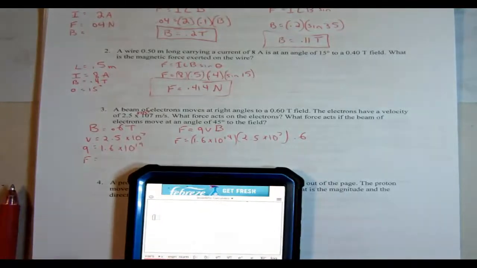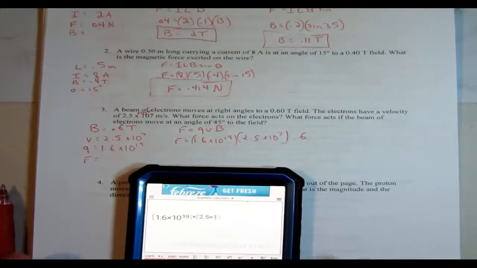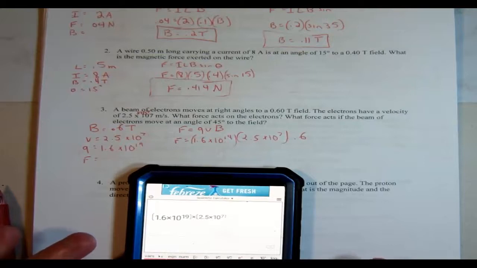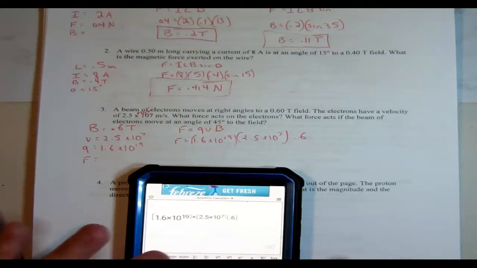Open parentheses, 1.6 times 10 to the 19, close parentheses, times open parentheses, 2.5 times 10 to the 7, times 0.6. I'm obviously using a phone calculator, so we'll see if it works. Okay. Enter.